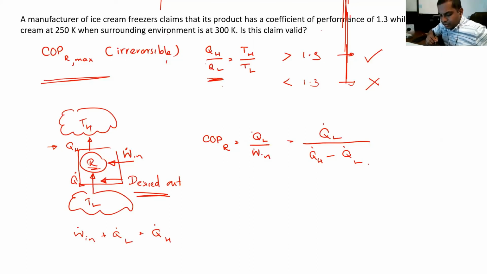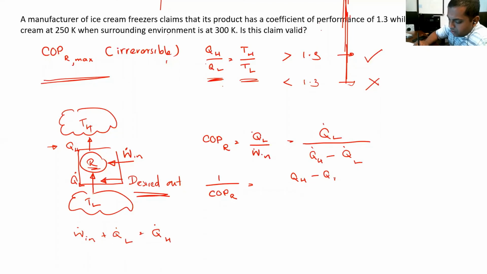Now it's just a matter of getting these values into this equation. You can memorize these relationships, but it's easier to do the maths and get it. Let's turn it around. So you have QH minus QL.